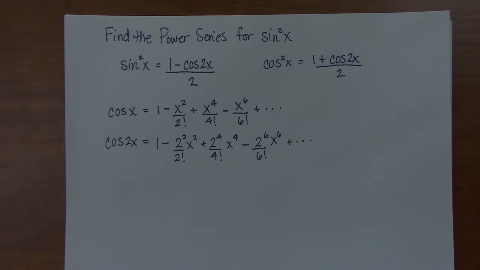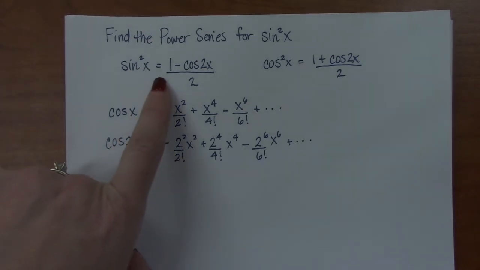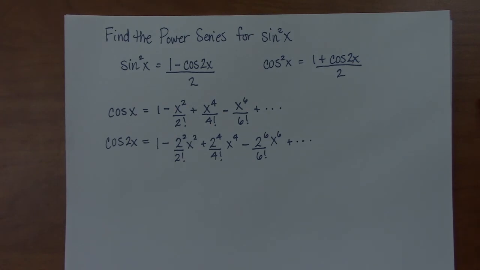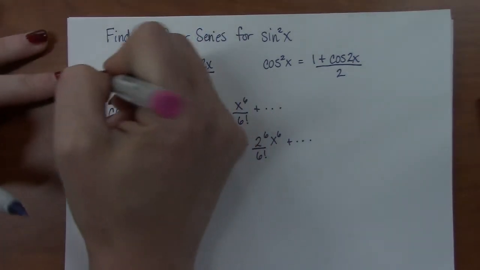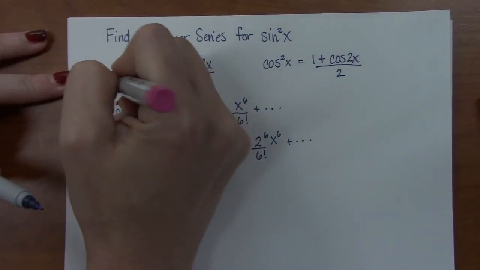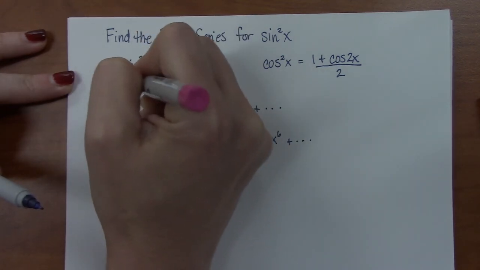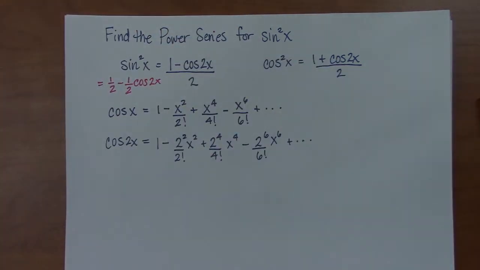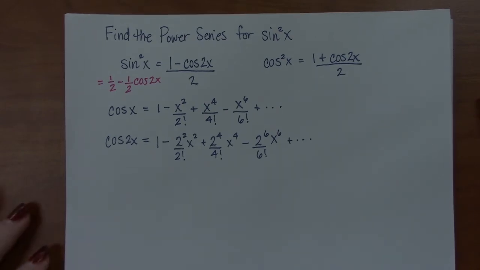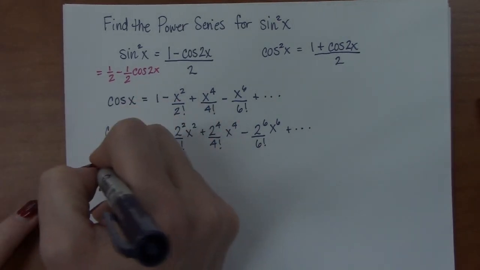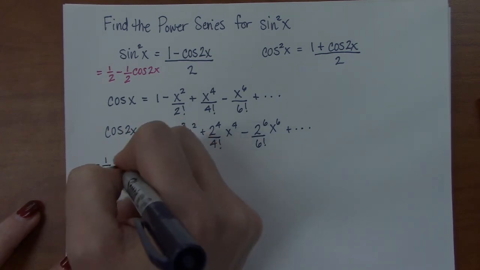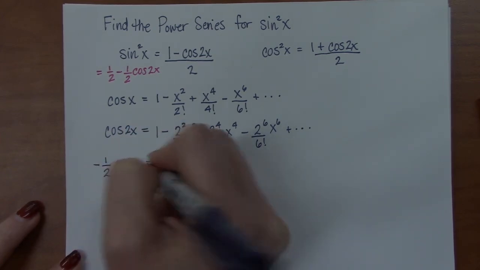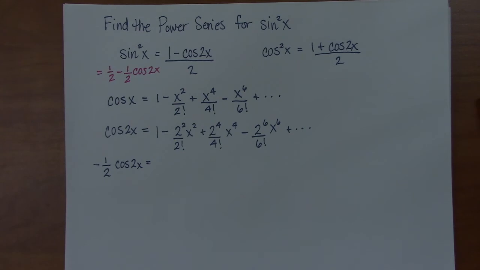So then what I want to do is, this is actually the same thing as saying 1/2 minus 1/2 cosine 2x. So if I multiply this polynomial by negative 1/2, look what happens to it now. When I distribute the negative 1/2 across, two things are going to happen.